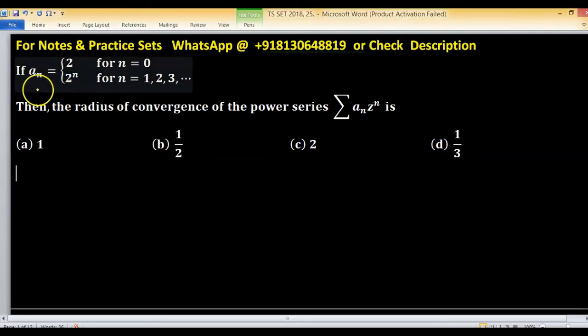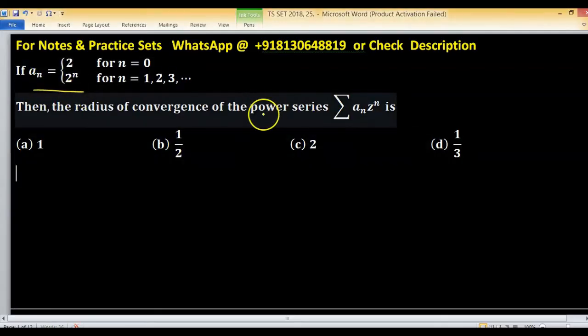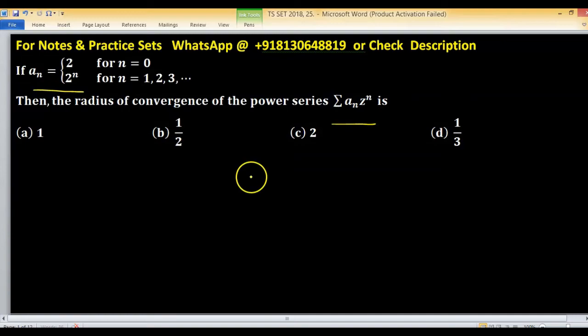Next, an is defined as on my screen, and we have to find the radius of convergence of the power series summation an z raised to the power n. The radius of convergence is denoted by r. R is 1 upon limit n tending to infinity of un raised to the power 1 upon n, where un is an. An is split into two terms, so you can find r1 and r2.